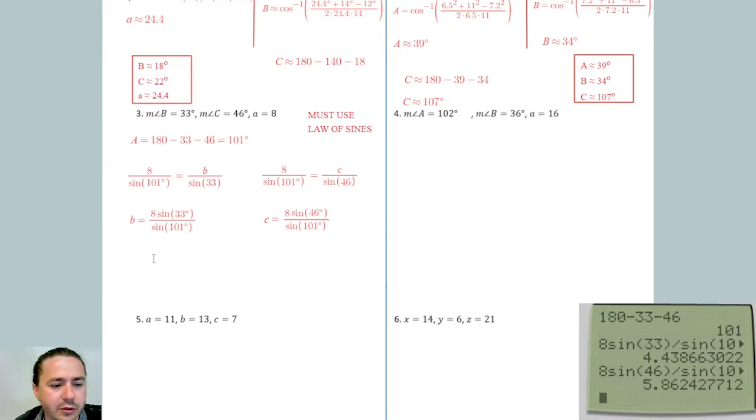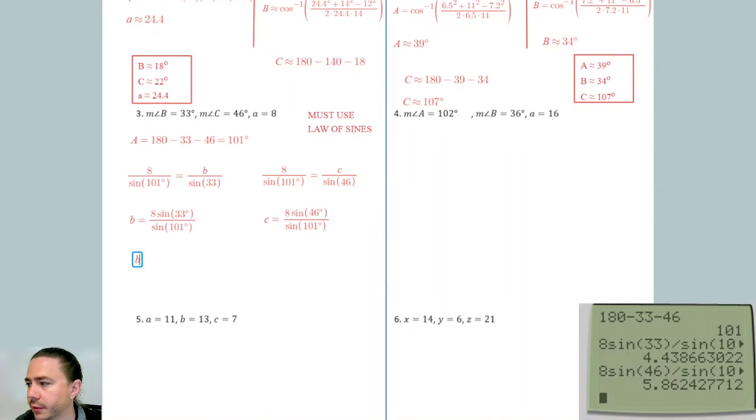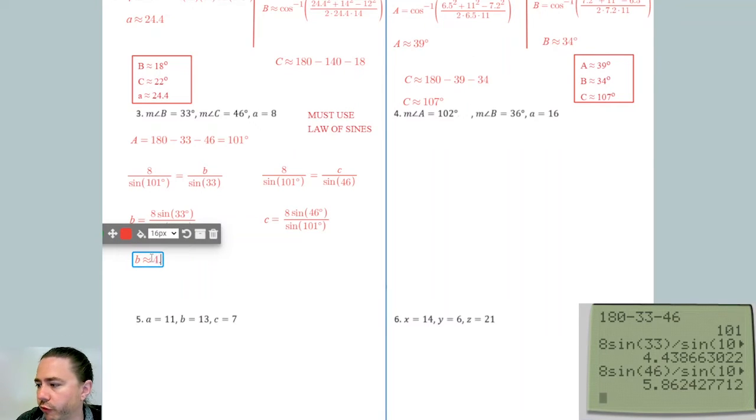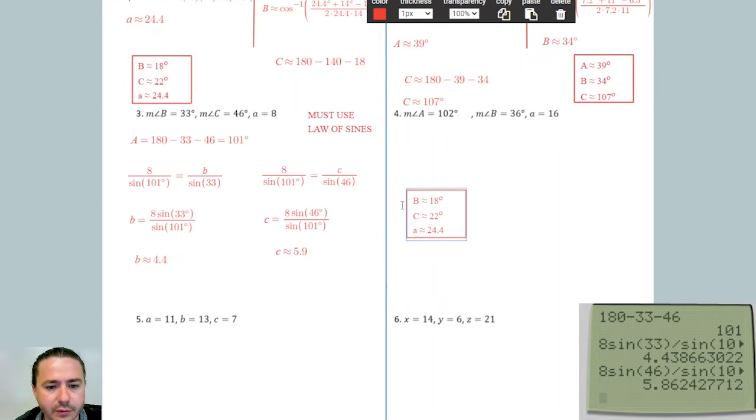Okay, so side B is approximately 4.4, and then side C is approximately 5.8, rounds up to 9, and there's your side lengths. So that's number 3. Got to use law of sines on that one.